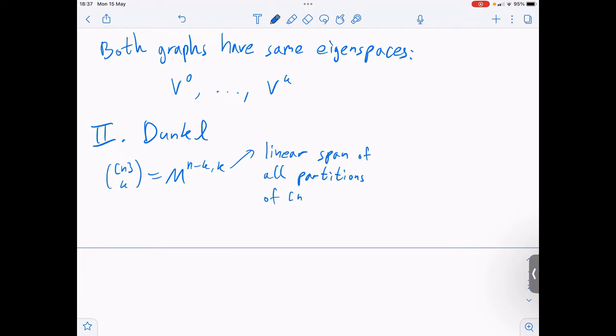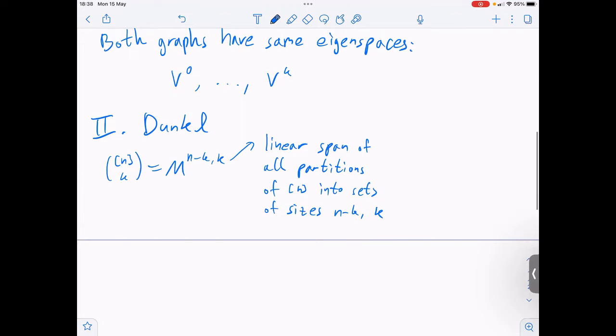of n into sets of sizes n minus k and k. Okay.